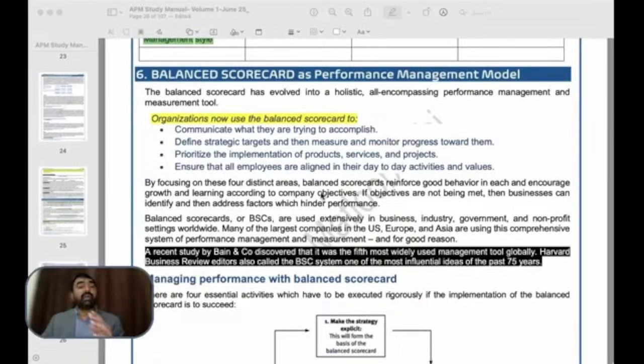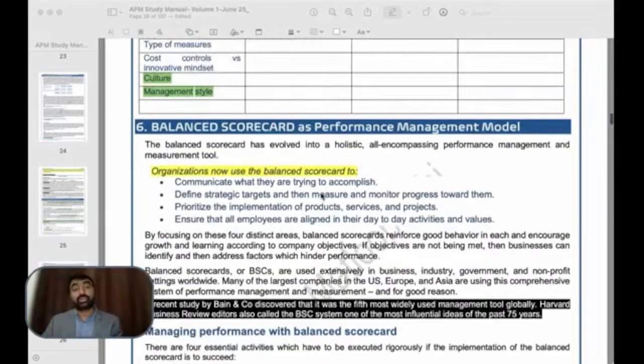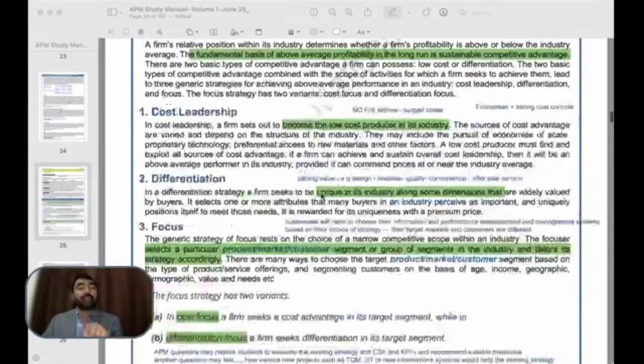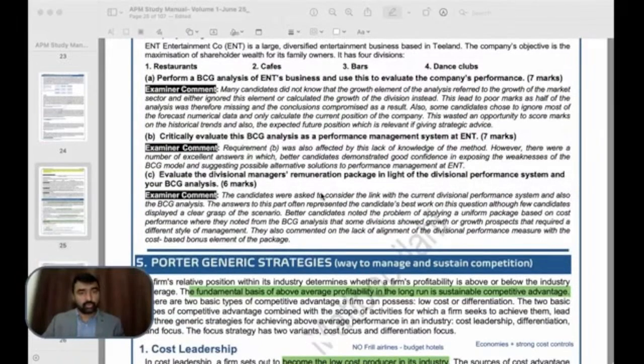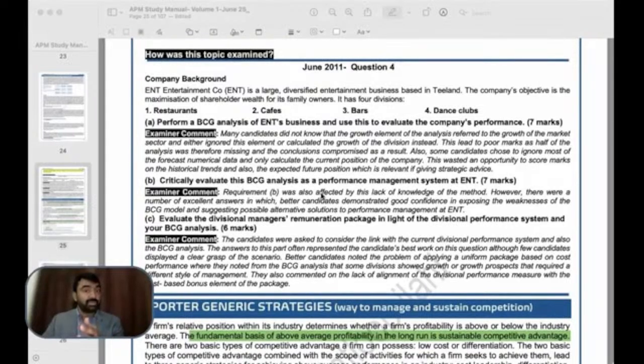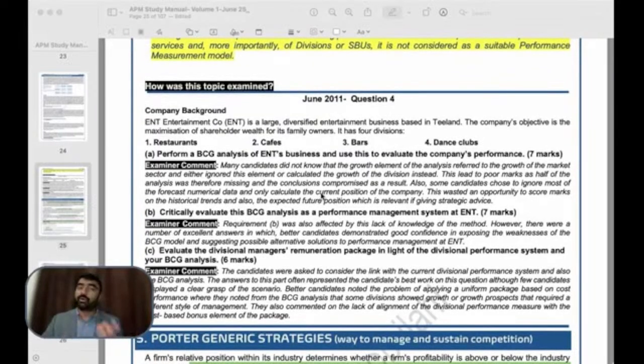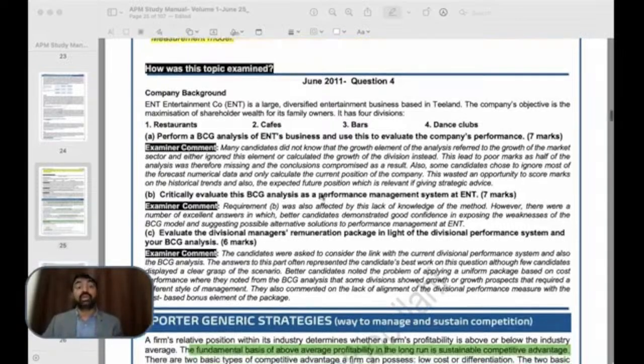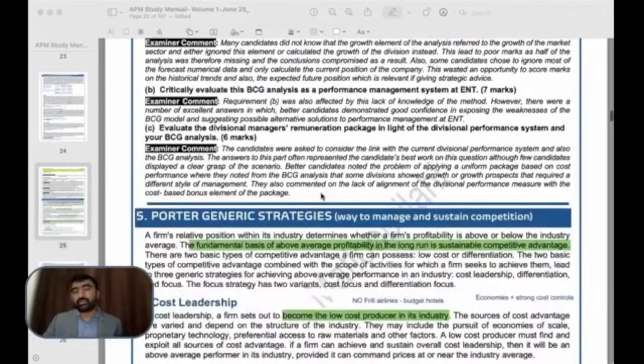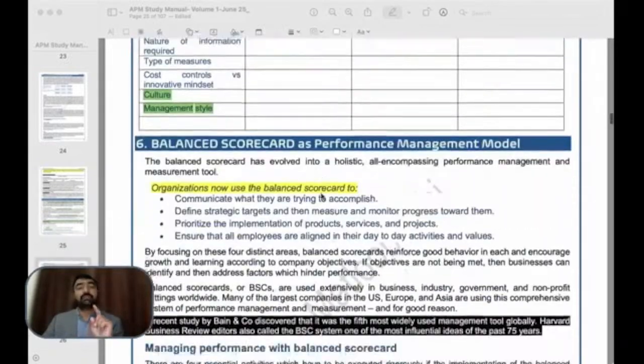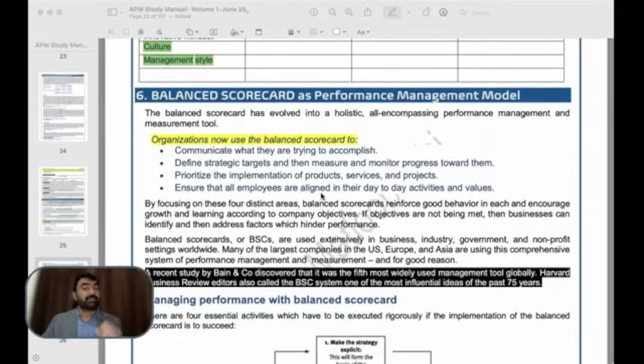Here we are studying all these models as performance management tools: PESTEL analysis is a performance management tool, Porter's Five Forces is a performance management tool, generic strategies, the BCG matrix, SWOT, and here is the balanced scorecard as a performance management tool.